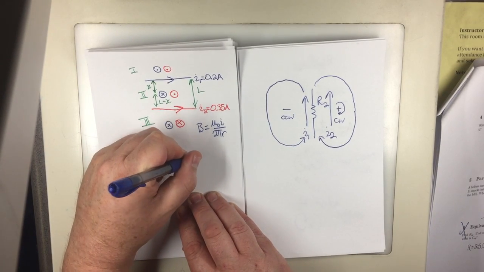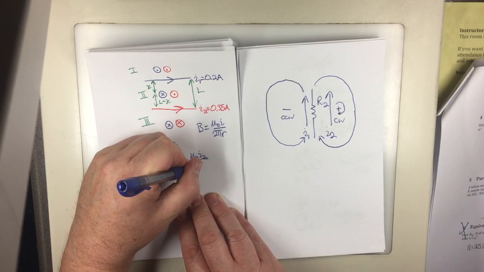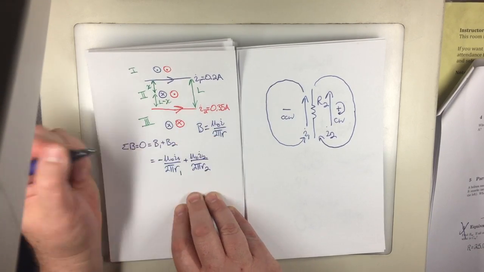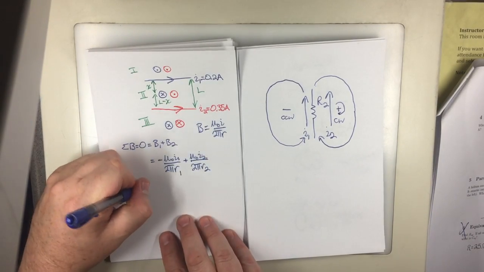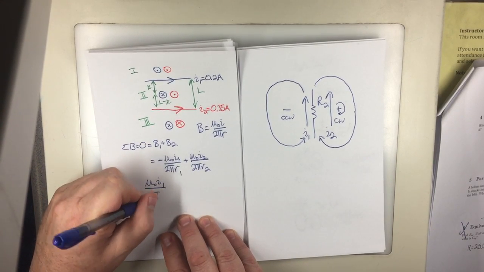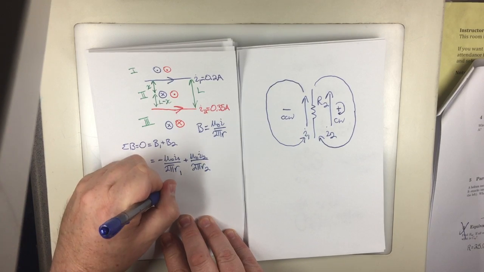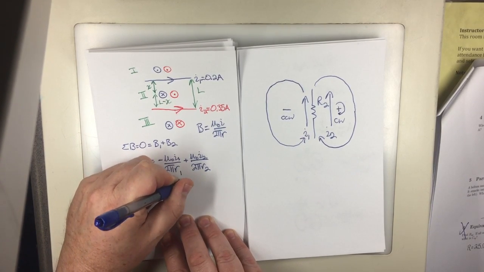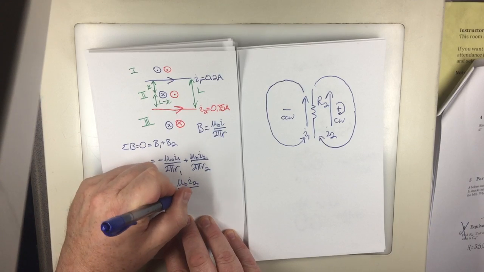B2 is positive mu naught I2 over 2 pi R2. So mu naught I1 over 2 pi R1 equals mu naught I2 over 2 pi R2.